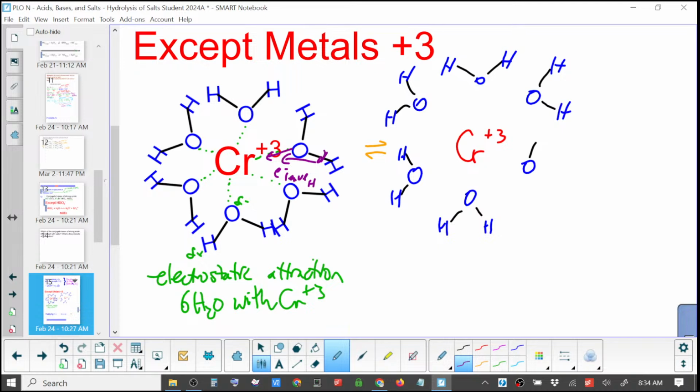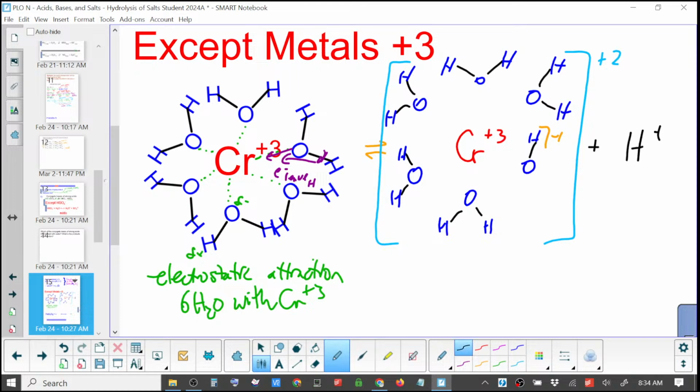And then we get a little OH. This is plus 3. This is minus 1. This entire thing is plus 2 now. And it's given off a hydrogen.